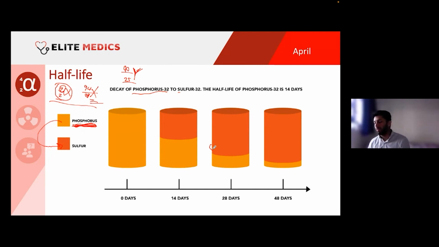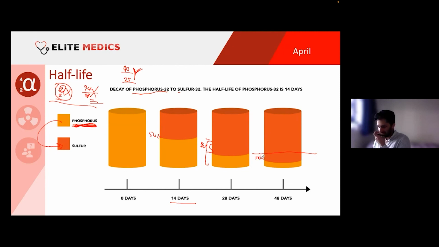Well, the half-life will be exactly 14 days, because that is how long it takes. This is roughly 50%. This is roughly 50%. And then here, this much is roughly 50% of what was left. And if we go over here, this is roughly 50% of what was left again.